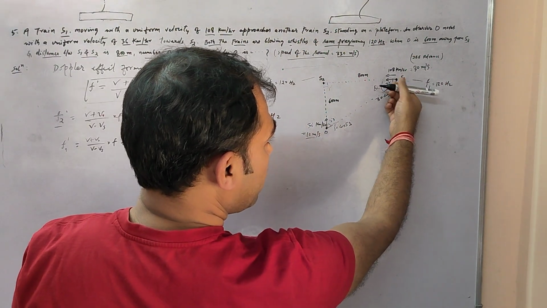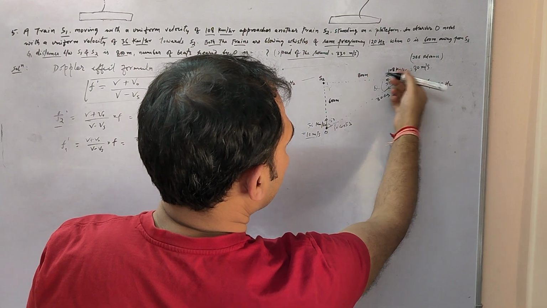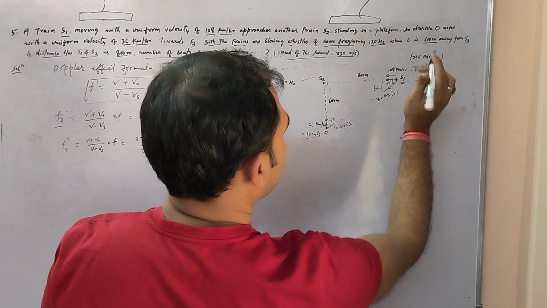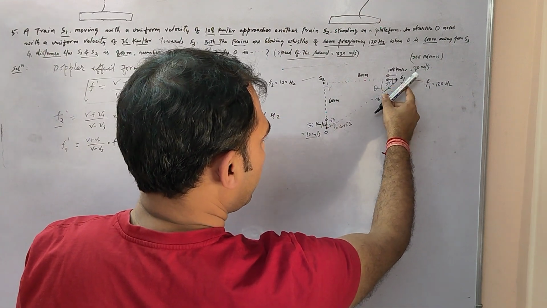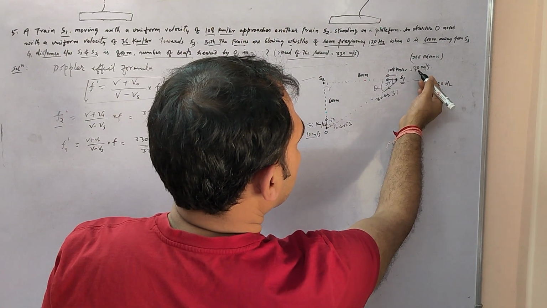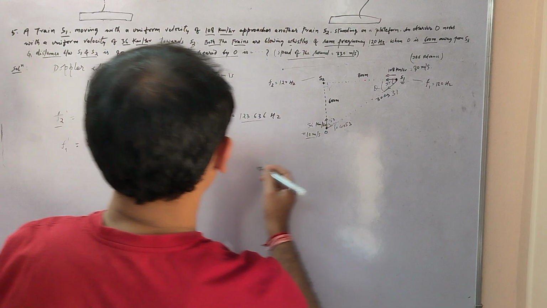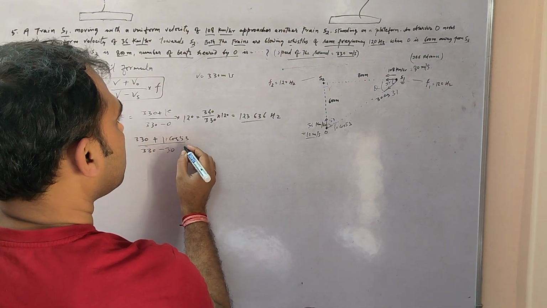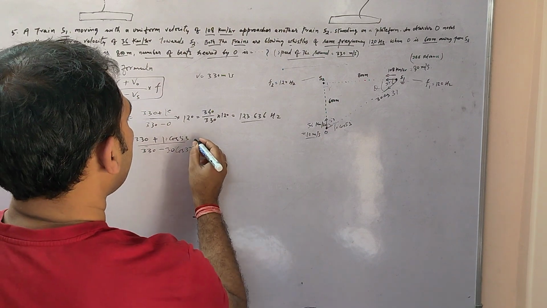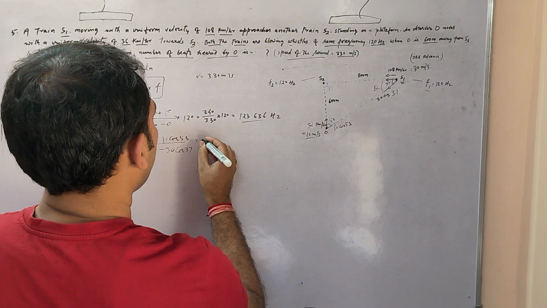S1 is moving towards S2 in this direction with a speed 108 km per hour, or that will be 30 meter per second. So what will be the velocity towards observer? It will be 30, this is 37 degree. This will be 30 cos 37 degree into again actual frequency F1, 120.